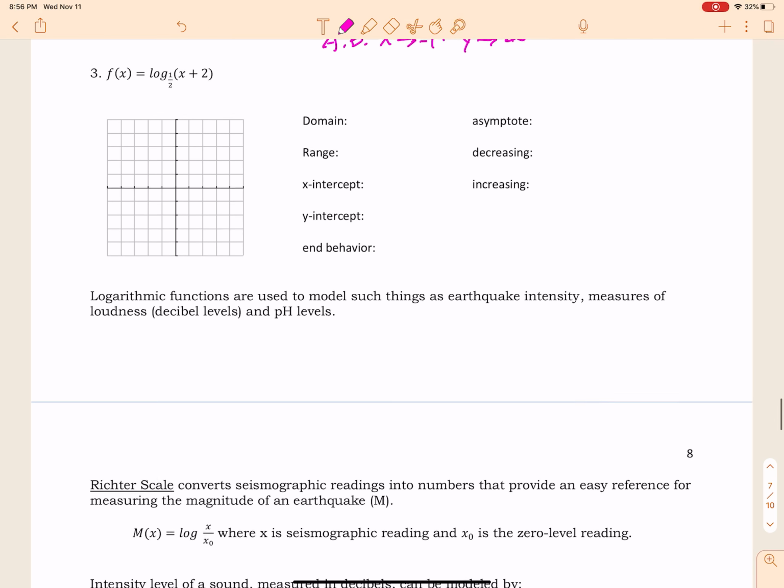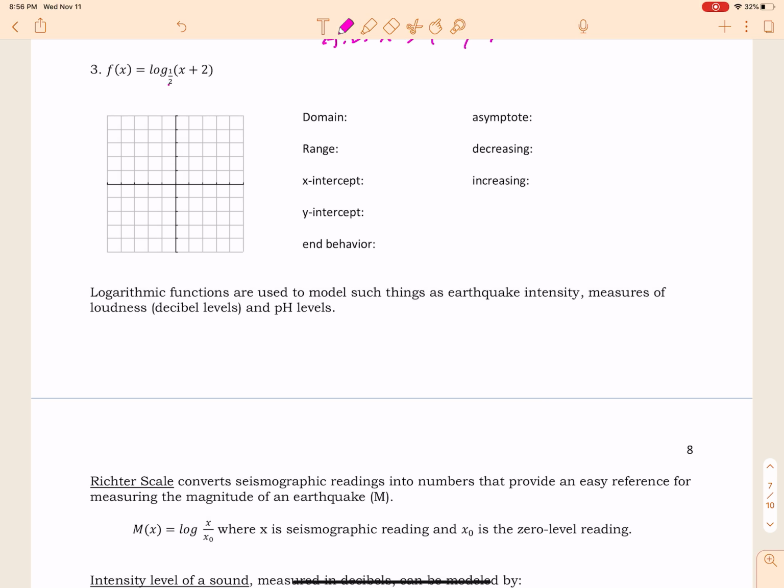Okay, and our last graphing example, I'm going to identify the base here. It is 1/2. That means that since 1/2 is less than 1, we have a situation in which we are going to have decrease from left to right. So that's where our parent begins. And then if you look at this transformation, it means that we are moving left 2.